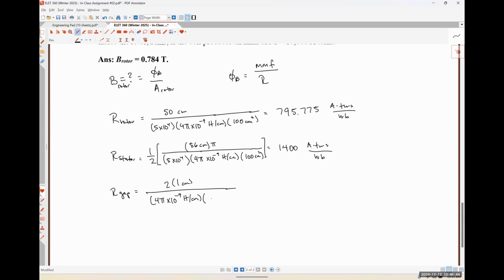And our area was given as 125 centimeters squared. So 2 over 4 pi times 10 to the minus 9 times 125 gives me 1.273 and some change times 10 to the 7 amp turns per Weber. So how does the reluctance of our air gap compare to the reluctance of our stator or our rotor?